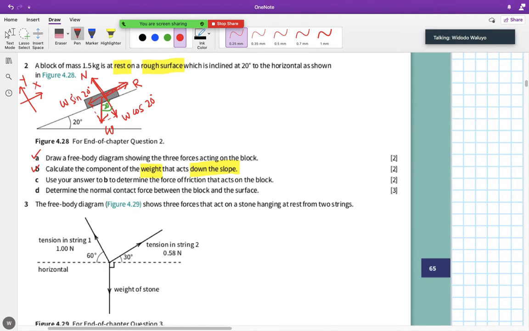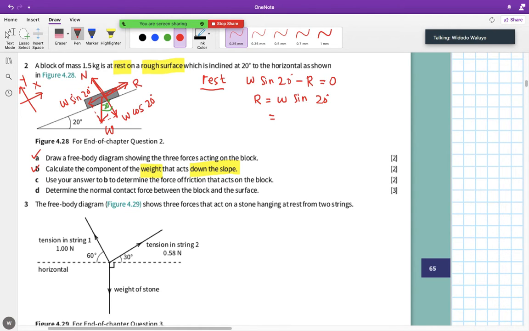C. Use your answer to B to determine the force of friction that acts on the block. Okay, because this is at rest, the total force equals 0. It means W sine 20 minus the resisting force or frictional force equals 0, or R equals W sine 20.